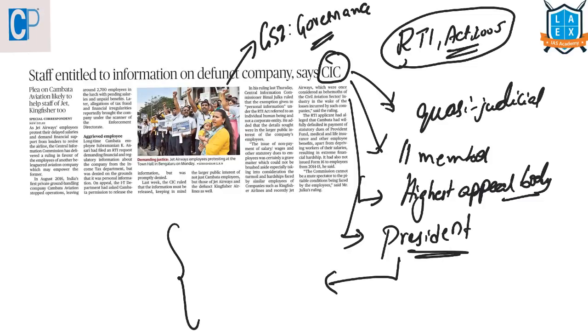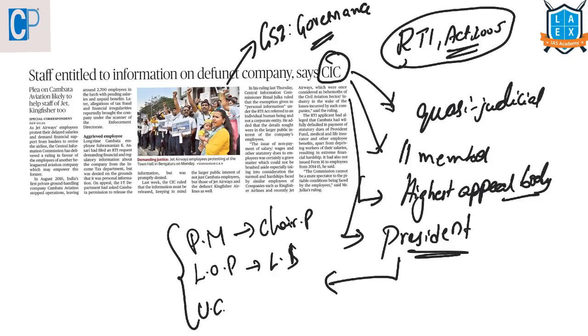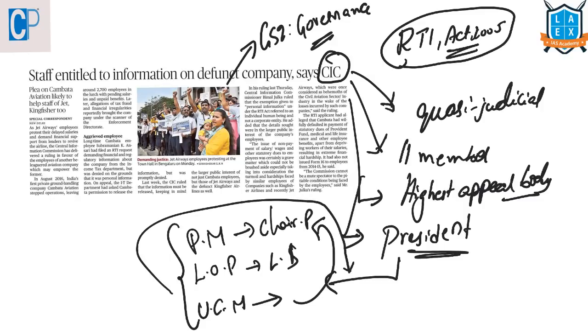That committee consists of the Prime Minister as the chairperson, the Leader of Opposition in Lok Sabha, and a Union Cabinet Minister as nominated by the Prime Minister. Based on the select committee's recommendation, the President will appoint the Chief Information Commissioner as well as other members.